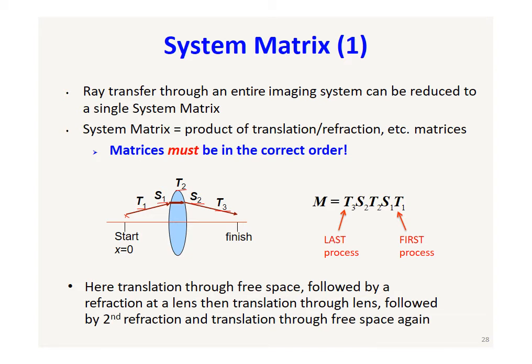So our first process is here on the right hand side. That's our first translation, and the last translation is here on the left hand side. And then you simply get a computer to calculate it for you.